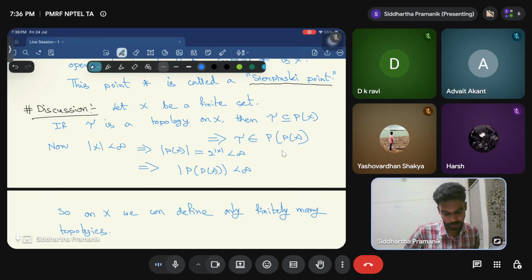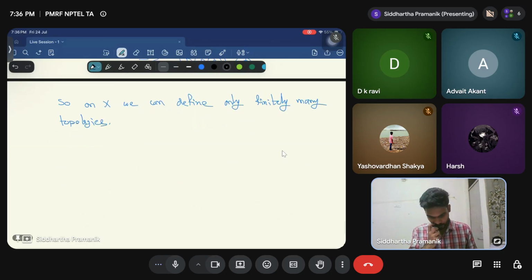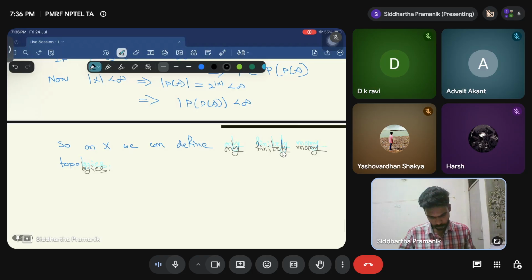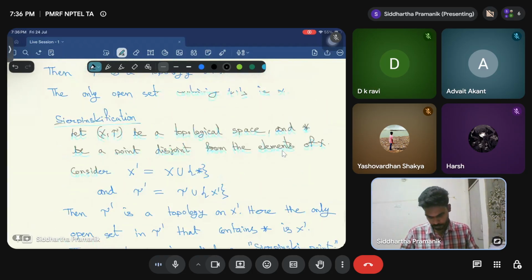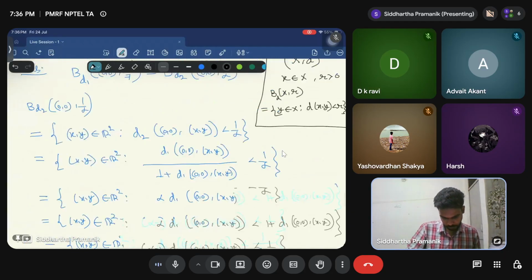Okay, so on a finite set there can be only finitely many topologies. But what happens when X is infinite? So it's not that much important, but let's put this. What is the number? Problem 7.